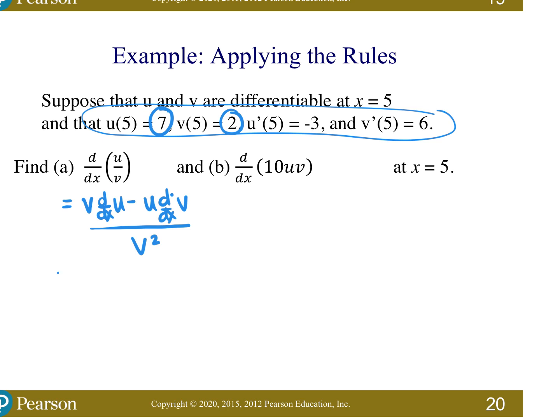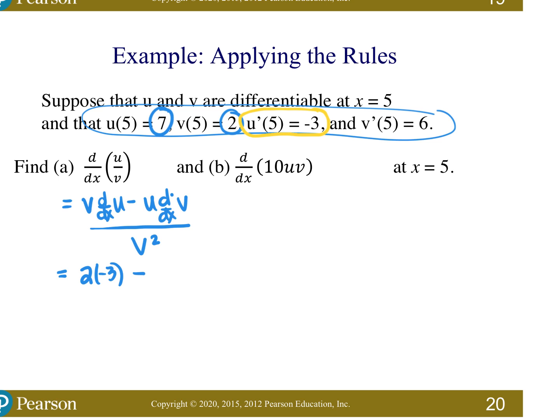So then what are you plugging in for V? 2. And then what are you plugging in for the derivative of U? Okay, good. The derivative of U, which is right here, is the value of U prime at 5. The derivative of U is -3.